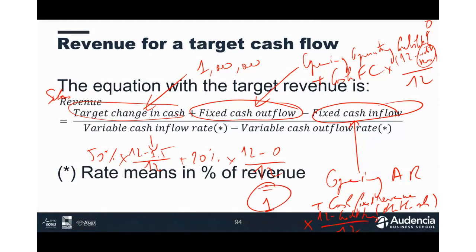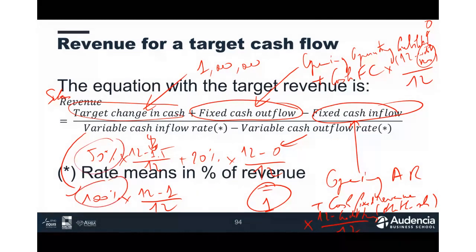No, it's not here, it's for this one. And for this one, we should collect 100%, but we have the effect of the credit terms, 12 minus 1 month divided by 12. So we have two things: the percentage of the selling price and the effect of the credit terms.